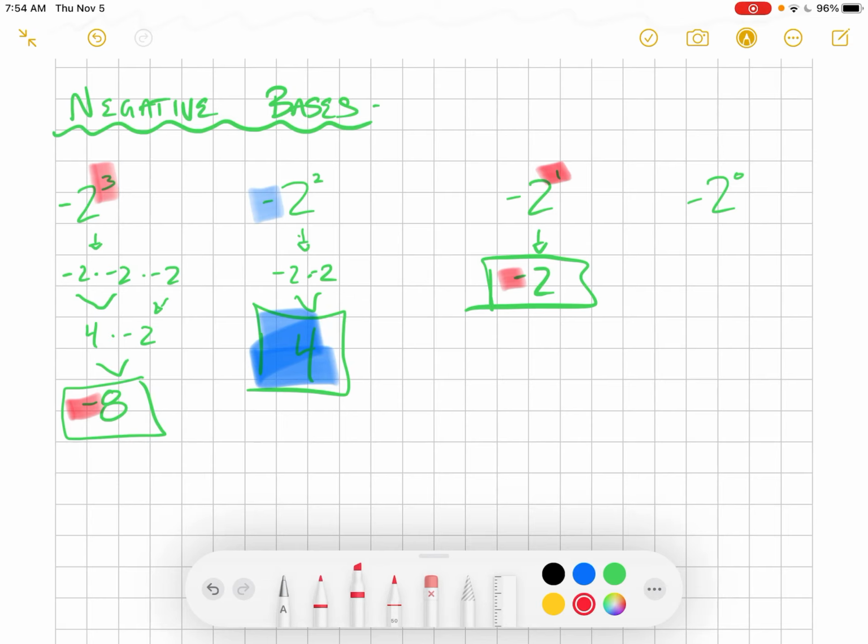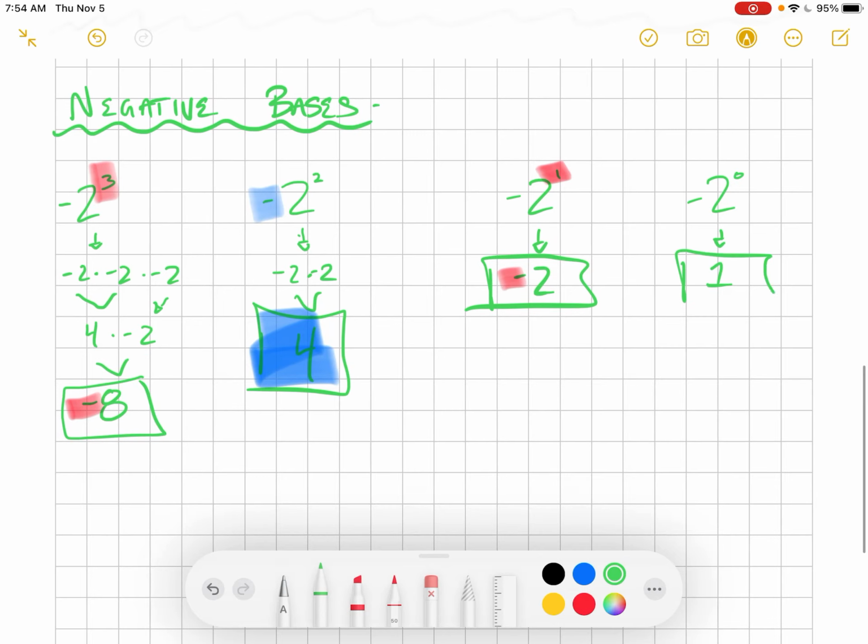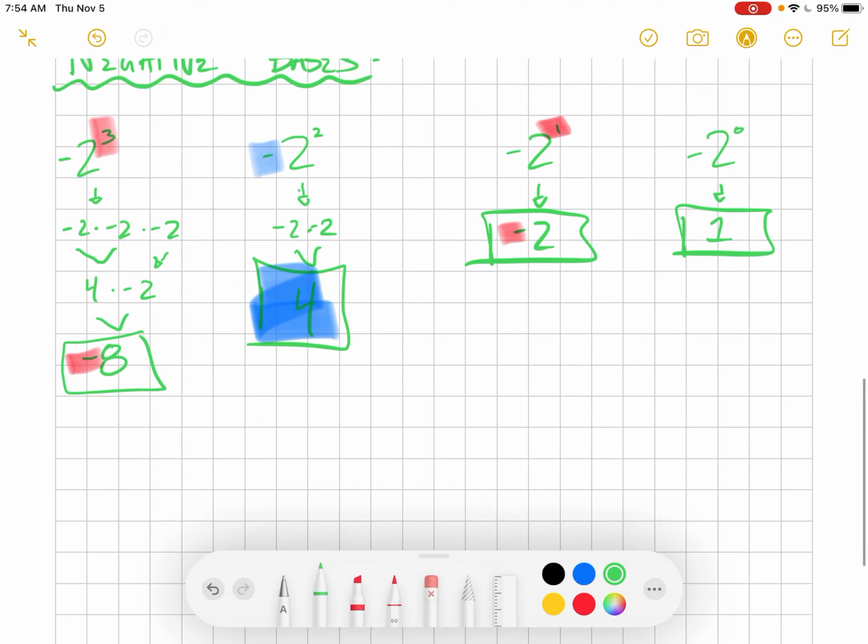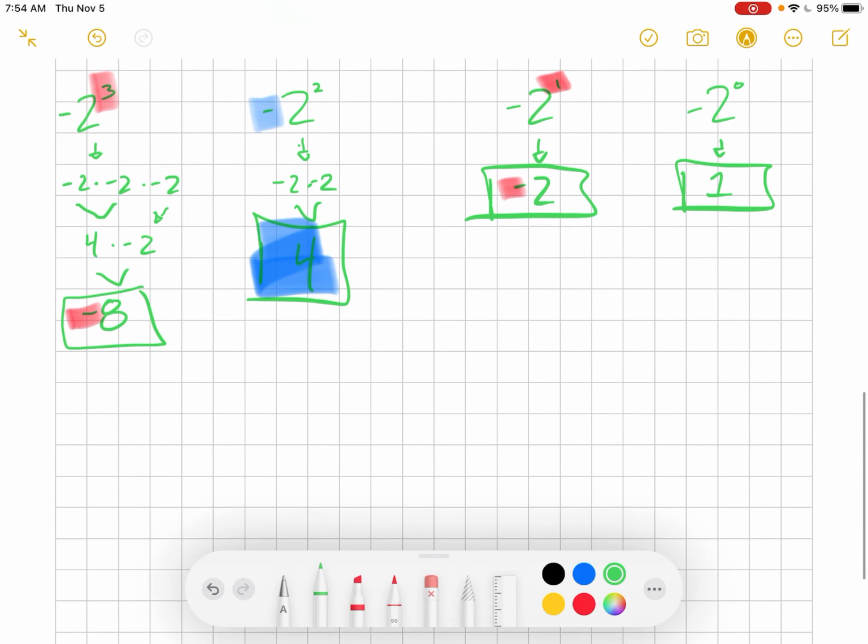Okay? And then lastly, anything to the 0 power, just as a refresher, is always what? 1. Just a quick refresher. All right. So I'm noticing a pattern here. Okay? This even number made a positive answer, and these odd number exponents made a negative answer.